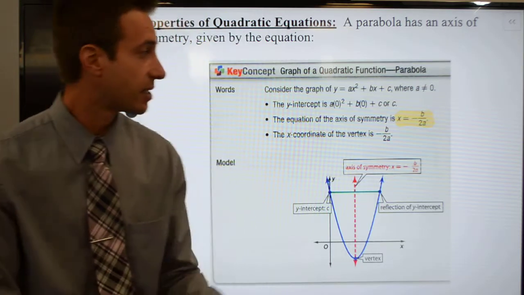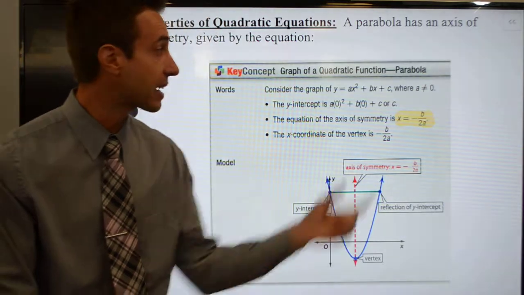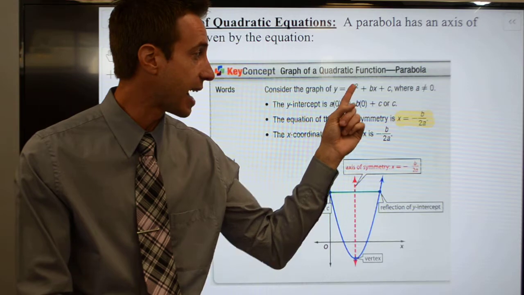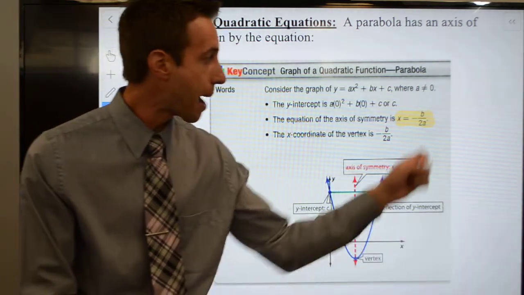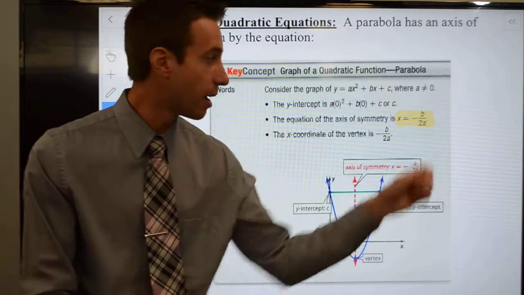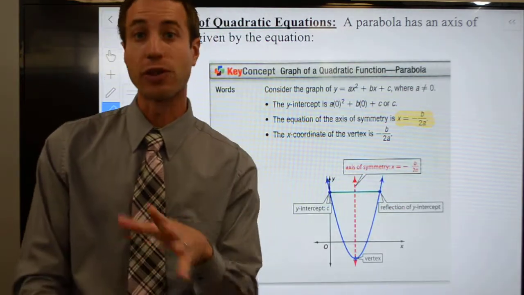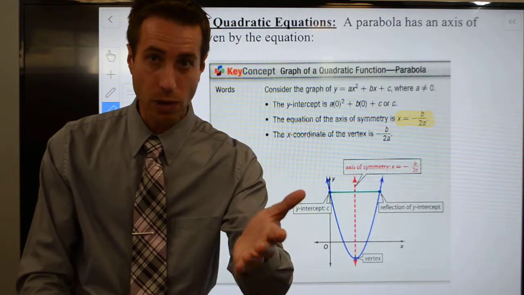And yes, this b and a are the a and b that come out of your general equation for a quadratic, ax squared plus bx plus c. So that b and a in this formula come straight out of the equation, or the function that I'll give you in the problem. So I'll give you a function.